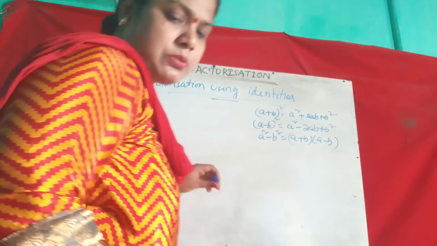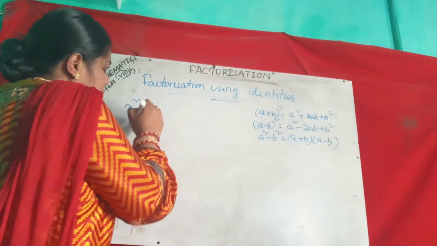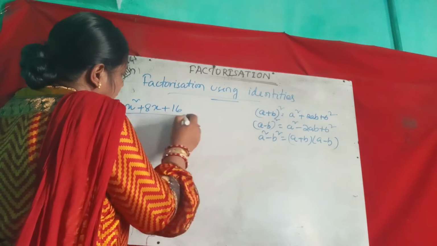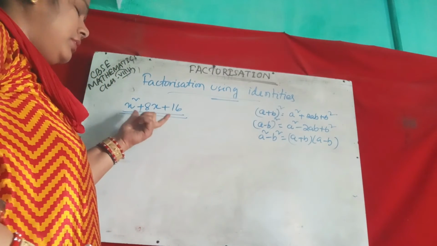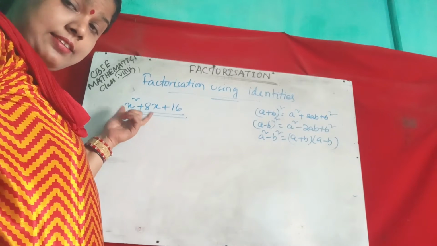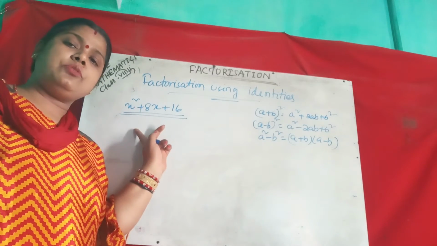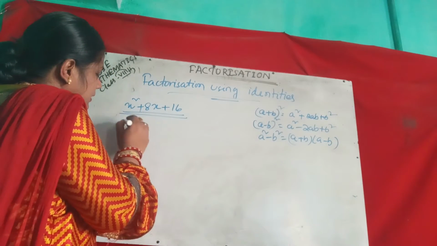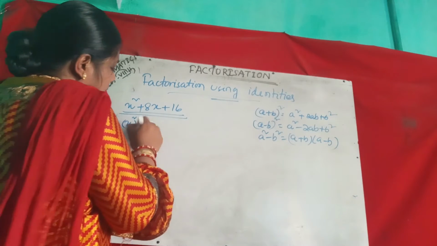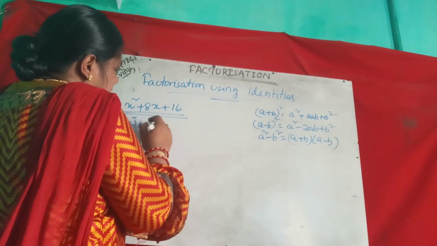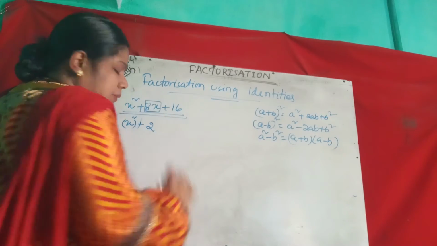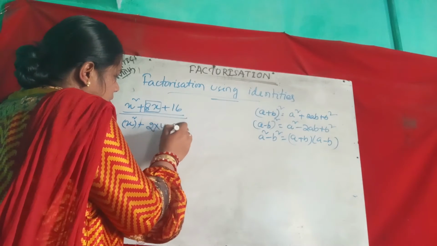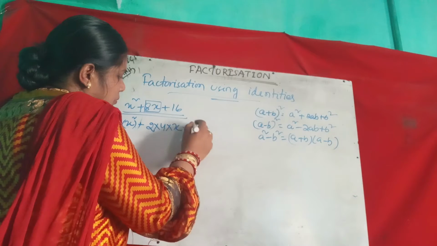Suppose one question is x square plus 8x plus 16. You have to see and read the question thoroughly to know which identity is used here. I write x square plus, I factorize this 8x as 2 into 4 into x, plus 16 means 4 square.